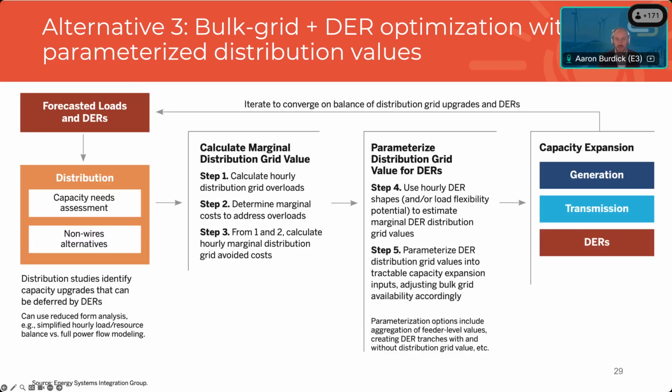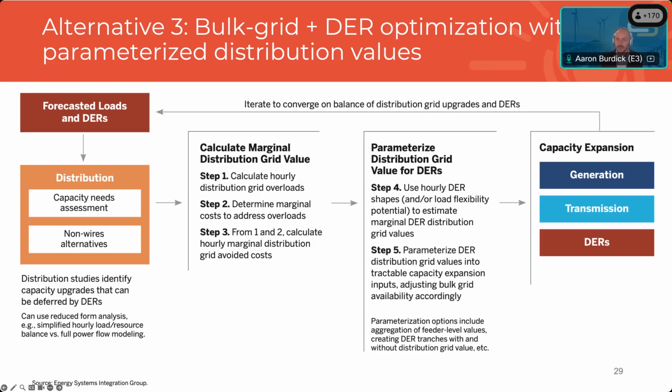From that, you can parameterize the value that different DERs can provide based on their load shapes to support those distribution system needs. And this again comes back to the challenge of parameterizing that into a capacity expansion model. We discussed some options for doing that in the paper.